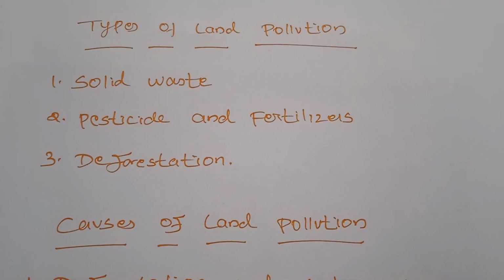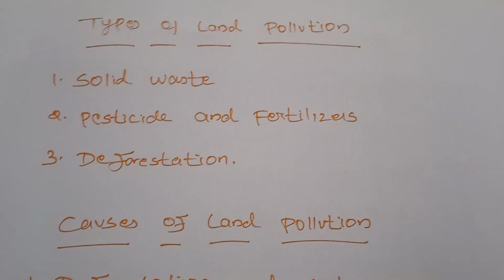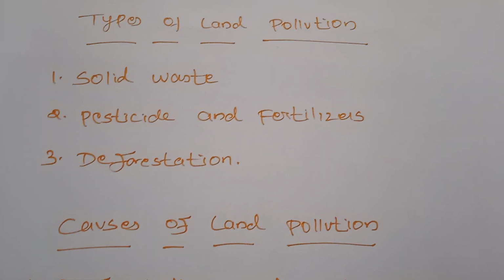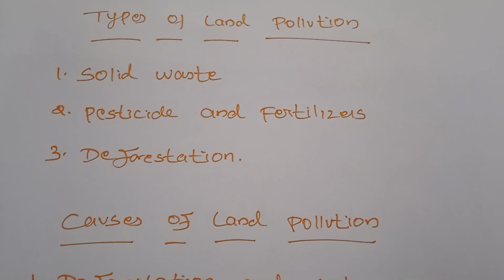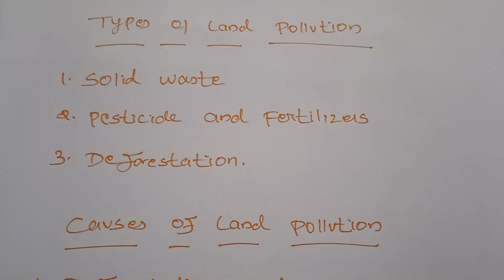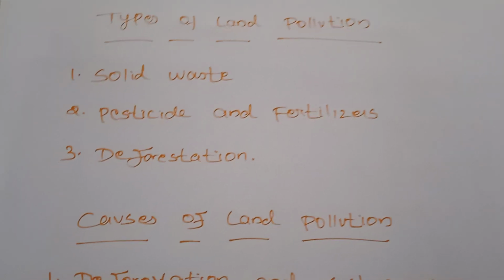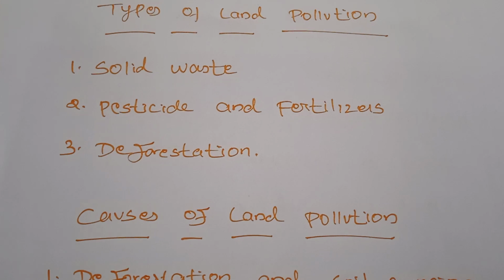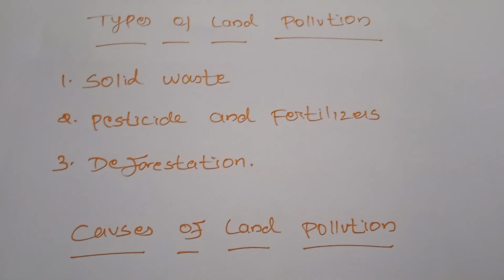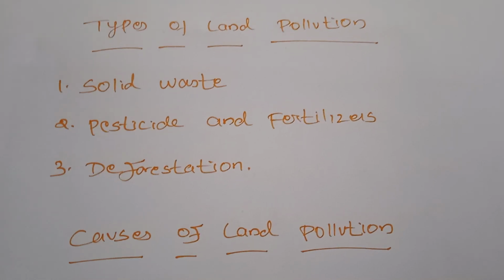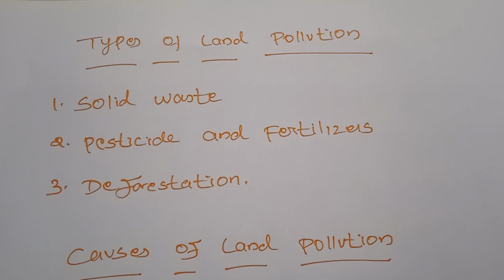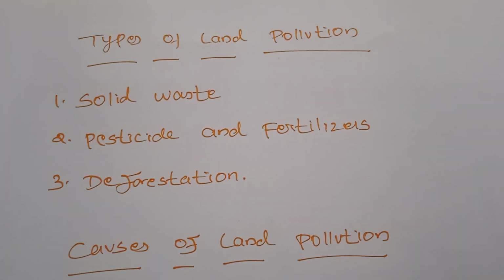It will become poisonous, and the vegetables and crops cultivated on the land will also become poisonous in character. So if the land is polluted by using chemical fertilizers and pesticides, that is called land pollution by pesticides and fertilizers.